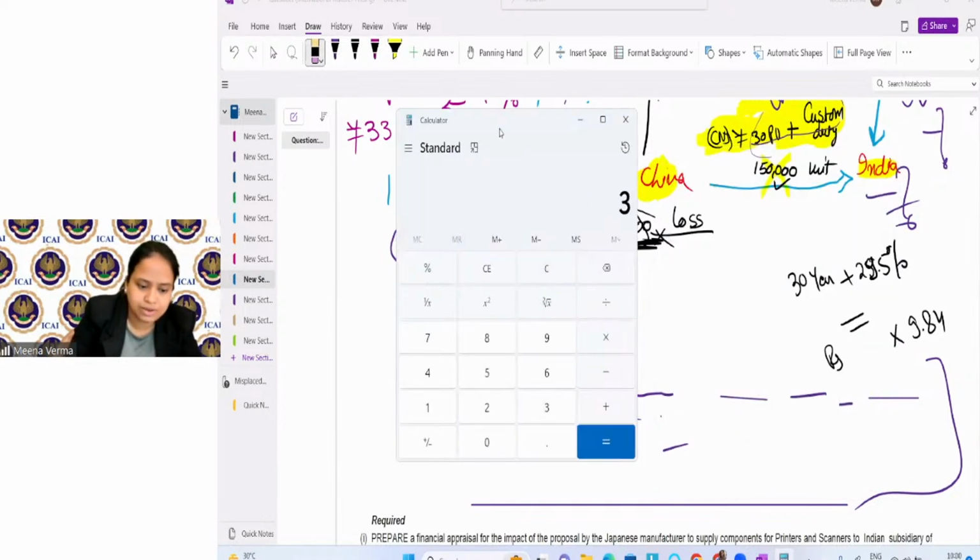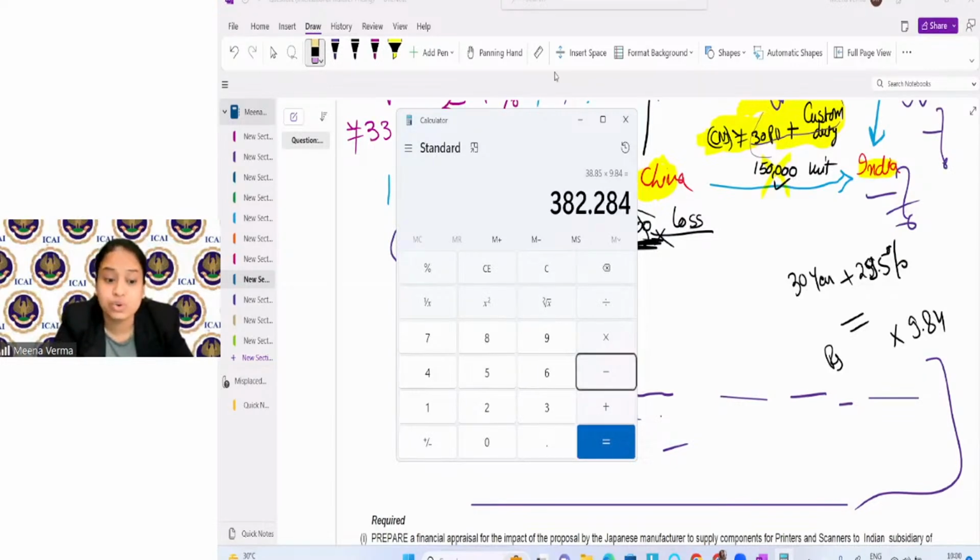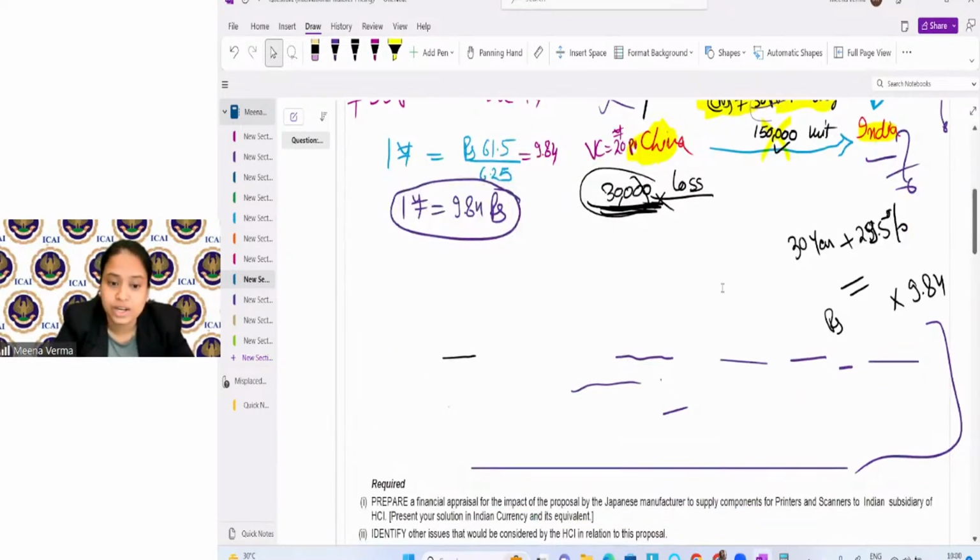So you are buying from China at 30 yen, plus you're paying custom duty of 29.5%. Total amount to buy it is this. Then if you convert it into Indian rupees, you end up paying 382.28.